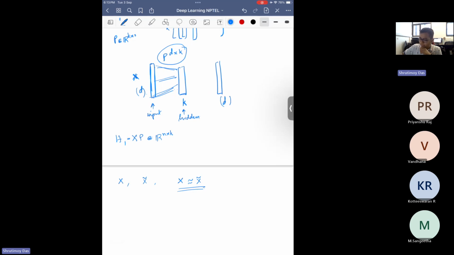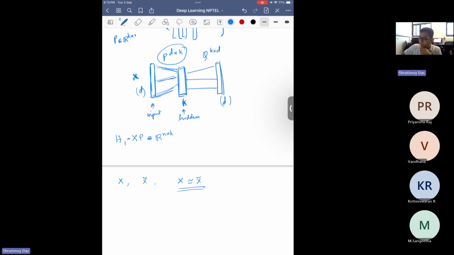From a neural network point of view, you have this input layer, and you take this input to a smaller, k-dimensional space, and now you want to reconstruct it again. Say this is some matrix Q, so we are going from k to d, so this will be k cross d.